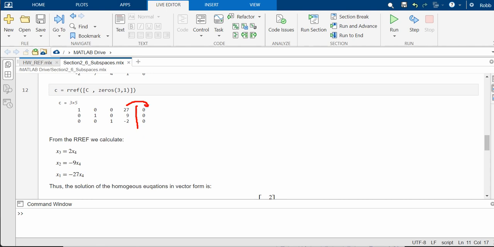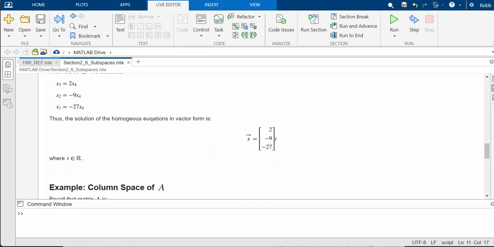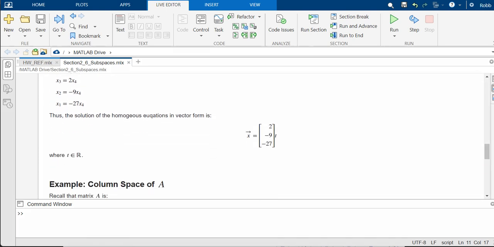So I have x sub 1 equals minus 27x sub 4, and x sub 3 equals 2x sub 4. And x sub 2, move the 9 over, I have minus 9x sub 4. So what happens is, when I solve the homogeneous equations, I get scalar multiples of this constant vector with the three elements 2, -9, and -27. Okay, so that's how I find the null space.